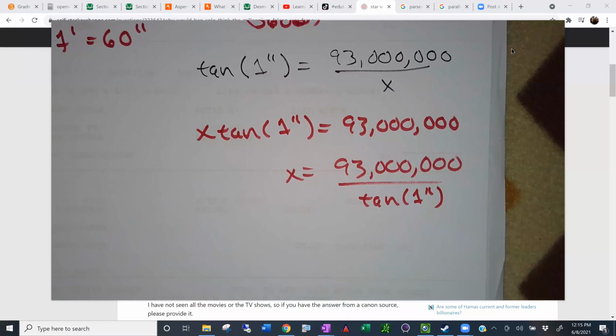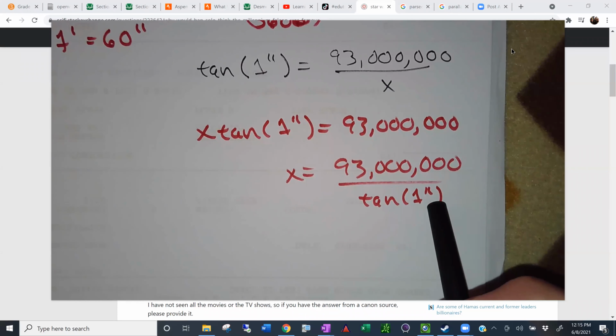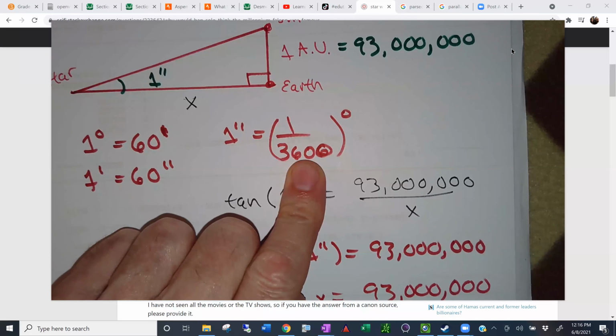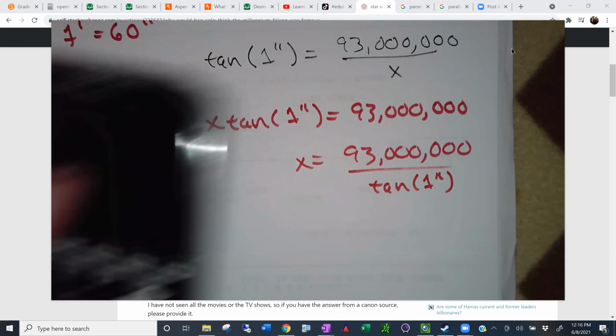So let's figure that out. Now there is one thing we have to be careful about. We certainly don't want to use radian mode here, right? That would be kind of a pain. So what else can we do? Probably the easiest solution is to think of that as 1/3600th of a degree. So that's what I'll put in.